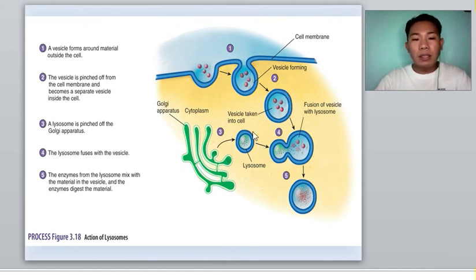And the lysosome is pinched off the Golgi apparatus and fuses to the vesicle, and the enzymes that the lysosome contains are released into the vesicle with foreign material, and these enzymes will degrade or digest it, and it will later on be used by the cell.